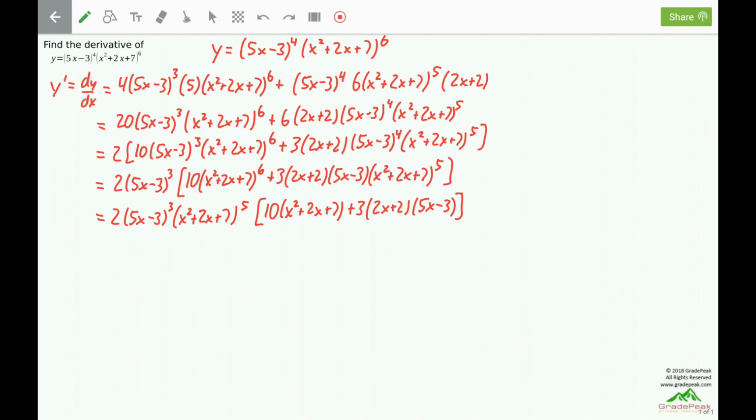Now the next thing we're going to need to do here is distribute the 10 here, FOIL this out, and we will then distribute the 3 into that after we FOIL it, so that we can combine like terms together in there.